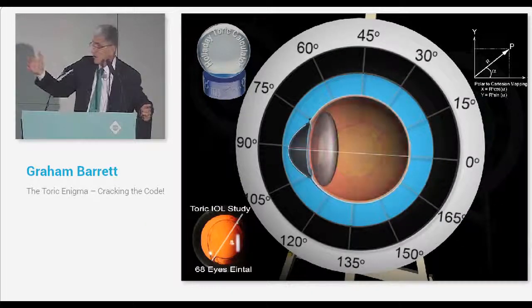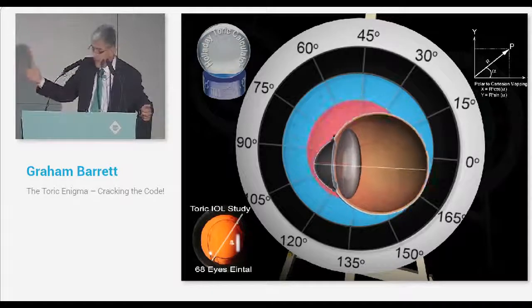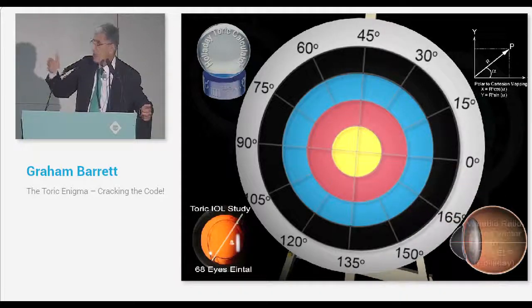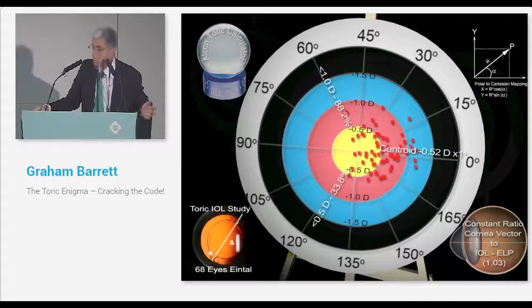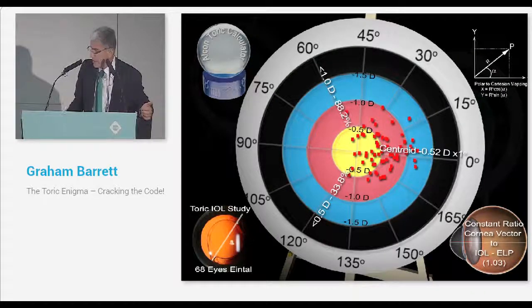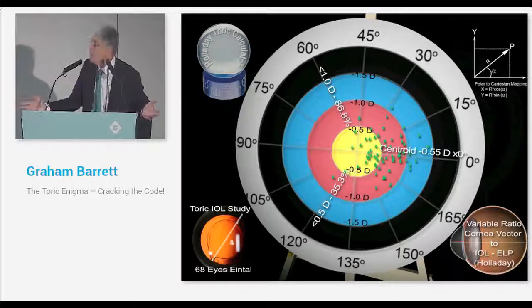It takes into account the fact that the ELP changes in different patients, and it uses that calculated ELP in predicting your toric lens. Somewhat surprisingly, the centroid with the Holiday is very similar, about 0.55 diopters. The percentage of cases within a half diopter of predicted residual astigmatism is 35%, not that different.